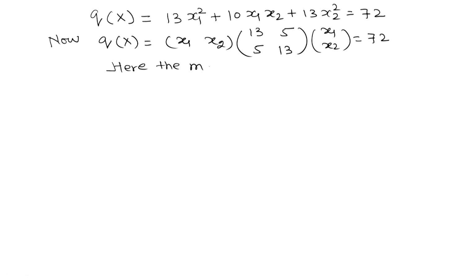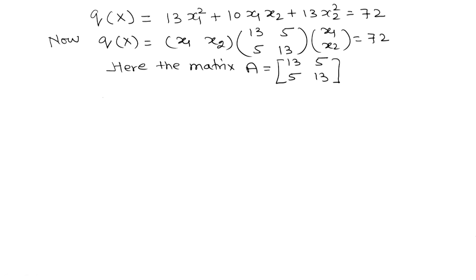the matrix A equals 13, 5, 5 and 13, which is associated with the quadratic form Q(x).